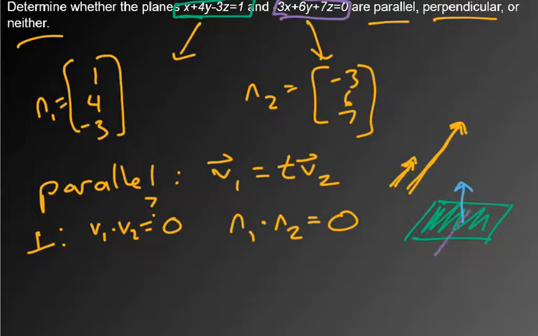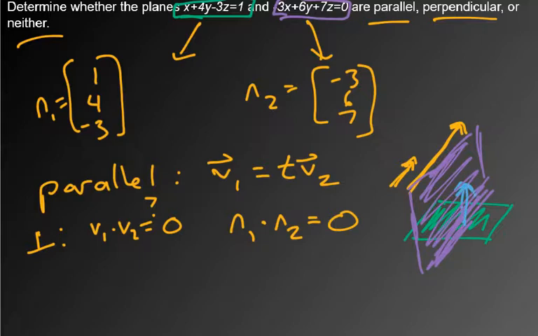So I am not a great artist, but I'm going to attempt it something like that. So this blue vector is basically acting as a direction vector to the purple one, but it's perpendicular to the green one. And the yellow vector here is perpendicular to purple, but acting as a direction vector for green.